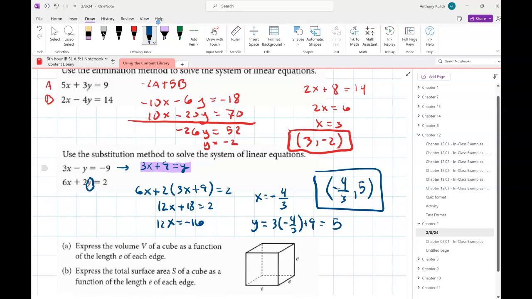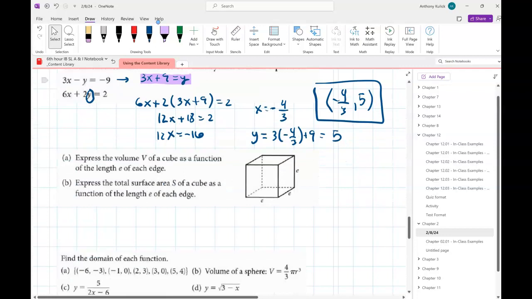All right. So let's look at some function stuff. It says express the volume V of a cube as a function of the length E of each edge. Who remembers how to calculate the volume for a cube? Times. Yep.